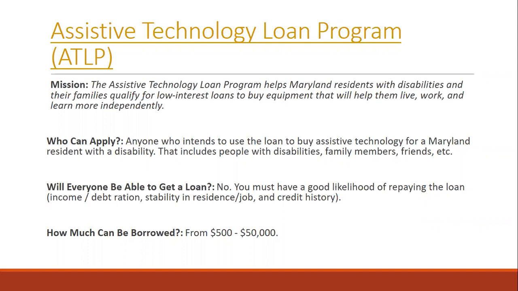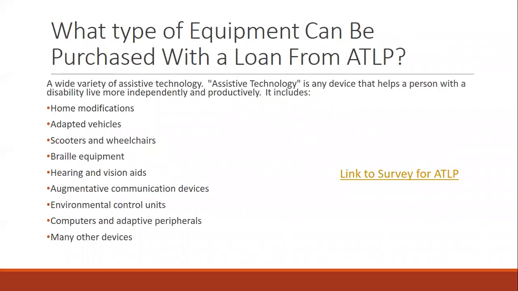And how much can be borrowed is anywhere from $500 to $50,000, and that's for assistive technology purchases. What that might look like could be home mods, adaptive vehicles, scooters and wheelchairs, braille equipment, hearing and vision aids, AAC devices, environmental control units, and also computers and adaptive peripherals, and many other things.